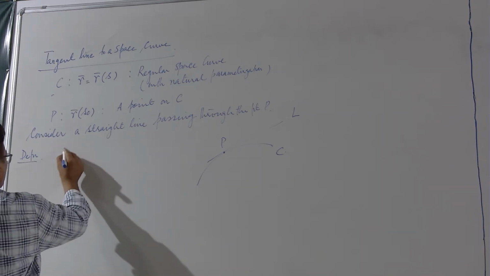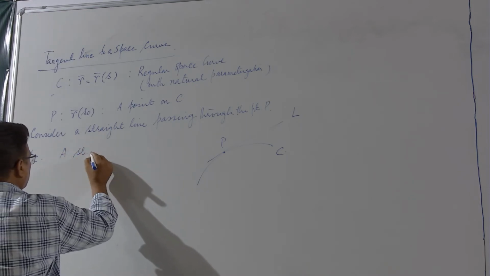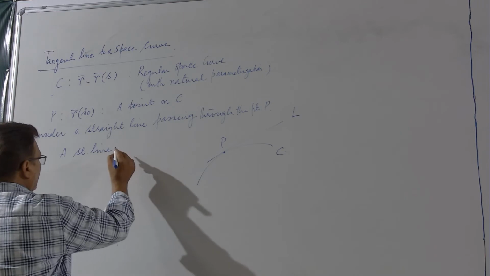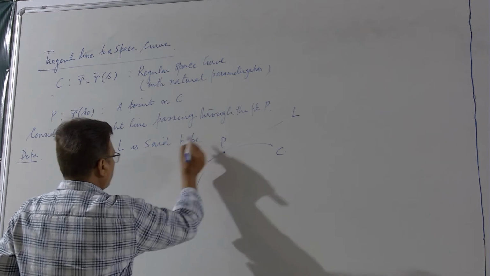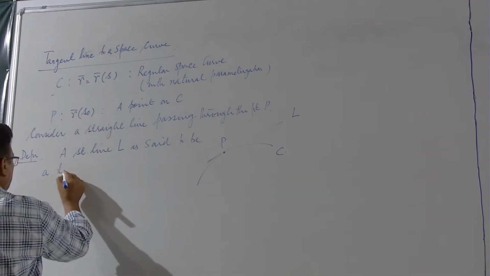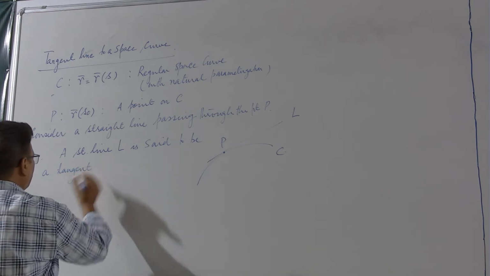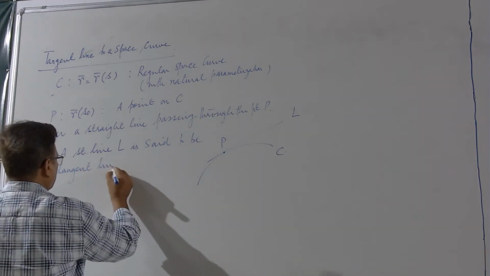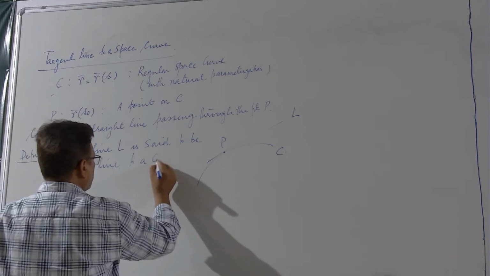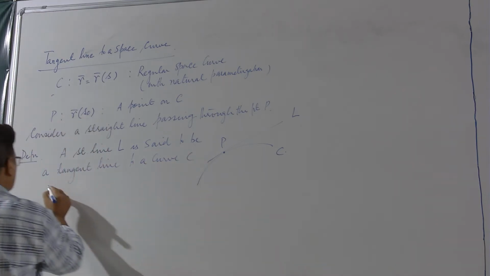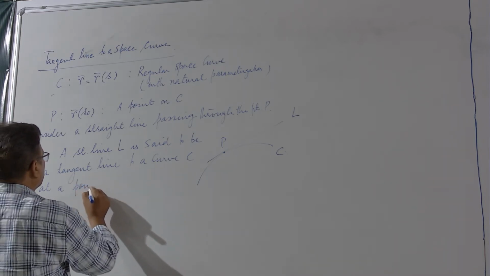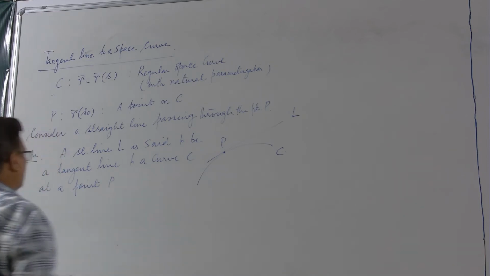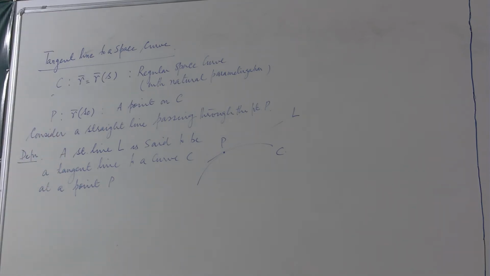A straight line L is said to be a tangent line, or simply a tangent, to a curve C at a point P if what happens.